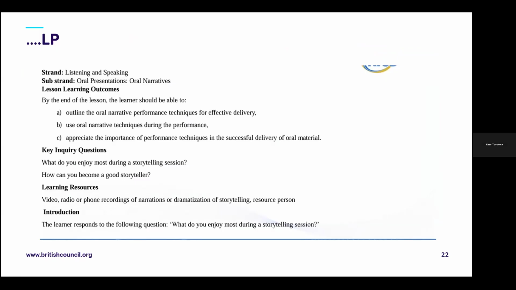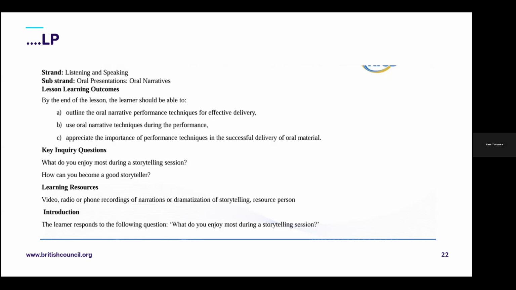This comes from the scheme of work. And I told you to look at the 3 outcomes. If you can be keen enough, can we point out knowledge, attitude, and skills from the 3 objectives we have there?